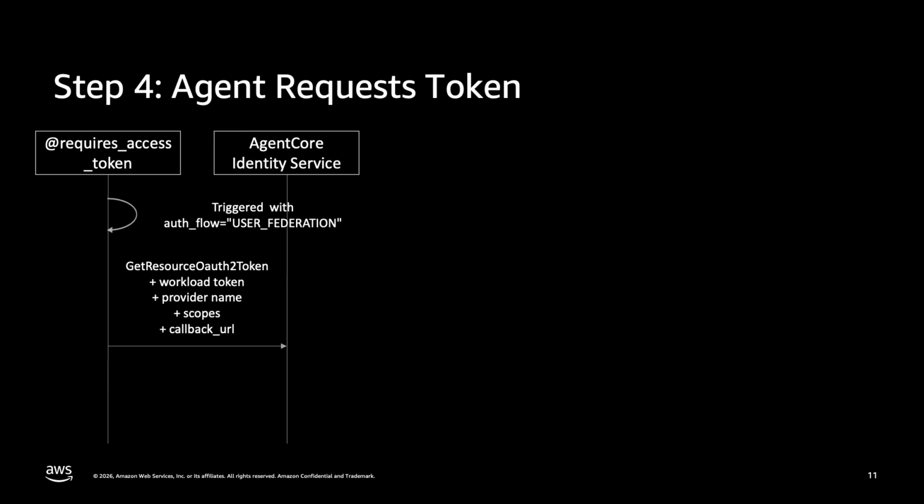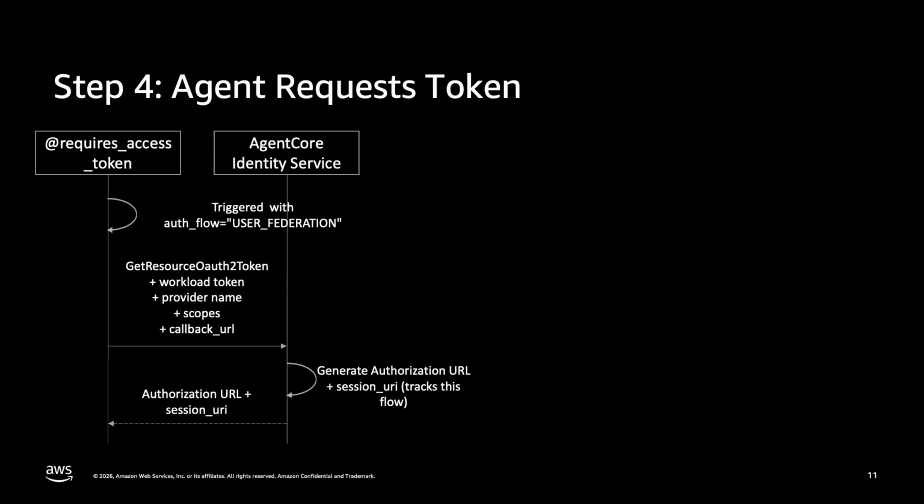Your agent code hits the requires access token decorator, which calls get resource OAuth2 token with the workload token and user federation flow. The identity service does not return a token yet. It can't, because a user hasn't consented.